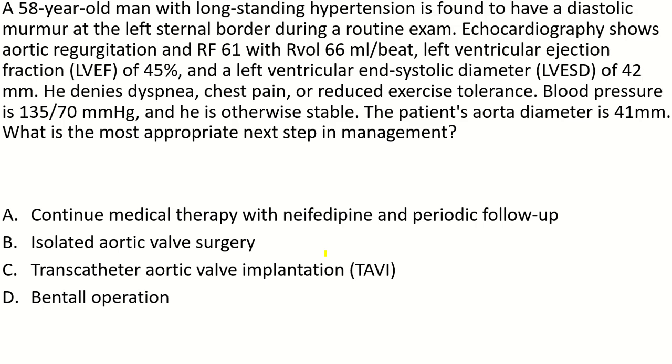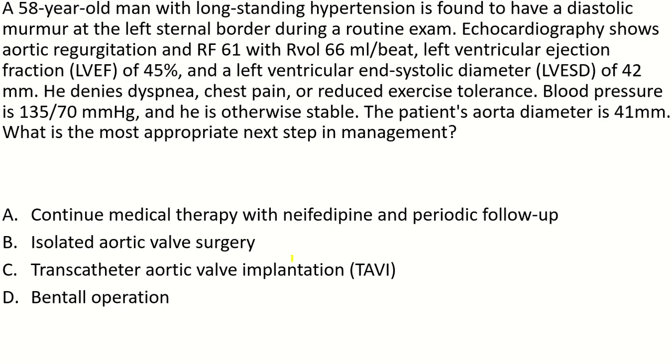His echocardiography shows evidence of aortic regurgitation with a regurgitant fraction of 61, a bit high, and regurgitant volume of 66 mL per beat, with left ventricular ejection fraction of 45 and left ventricular systolic diameter of 42. He denies dyspnea, chest pain, or reduced exercise tolerance, and his blood pressure is 135/70. The patient's aortic diameter is 41.